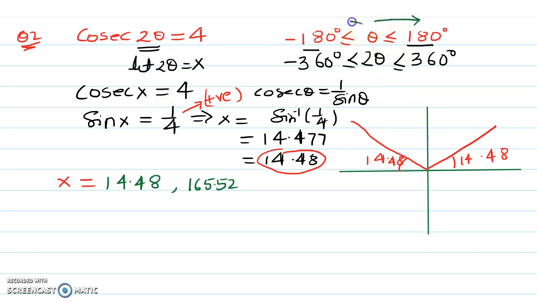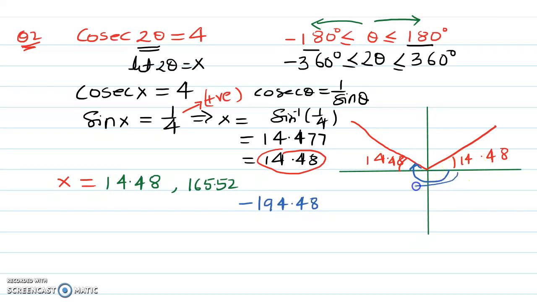Now we need to move theta to minus 180 degrees. So let's go down this side. If we are going down here, from here till here, let's go this way. So it will be 180 plus 14.48, that will be minus 194.48. And the next value, you take all the way around from here, 360 take away 14.48.